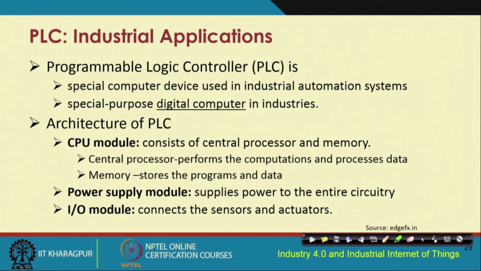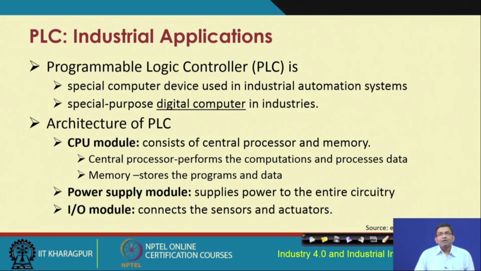Now, when we talk about sensing, at the same time we also need to talk about actuation, and in industry actuation is very important. Use of PLCs is very important to serve actuation platforms. PLC stands for Programmable Logic Controller, and these programmable logic controllers are special purpose digital computers that have certain special capabilities for automating the industrial processes, industrial machinery and so on.